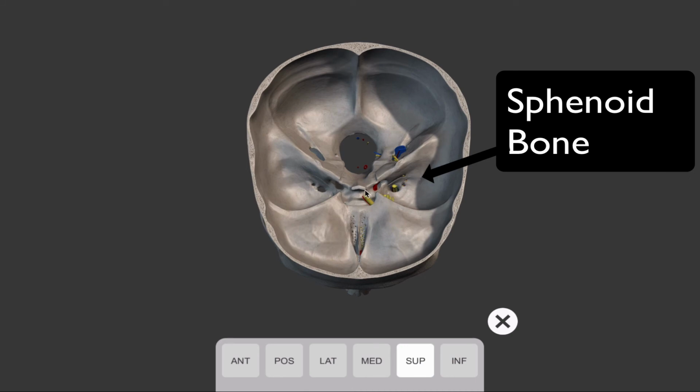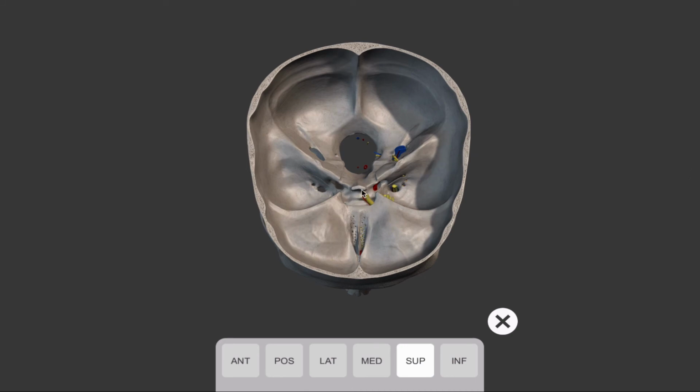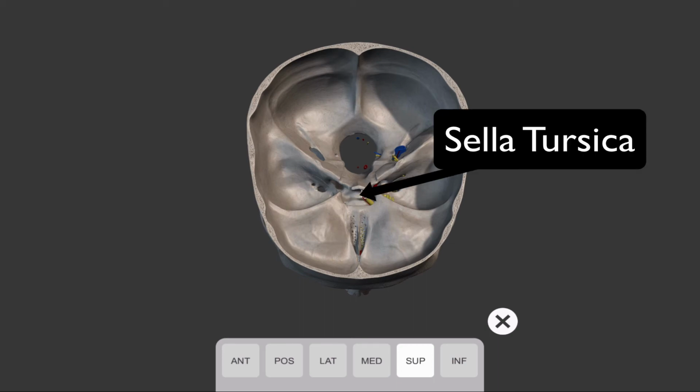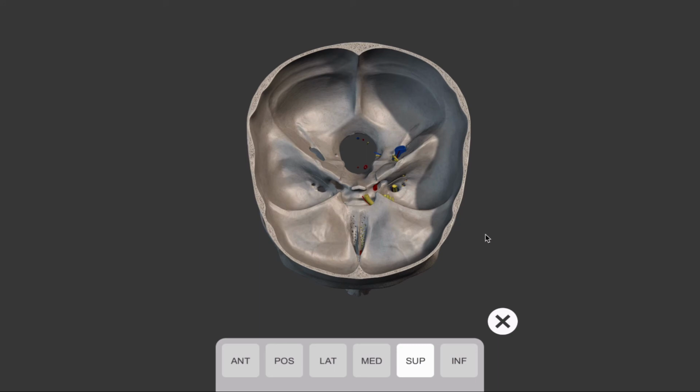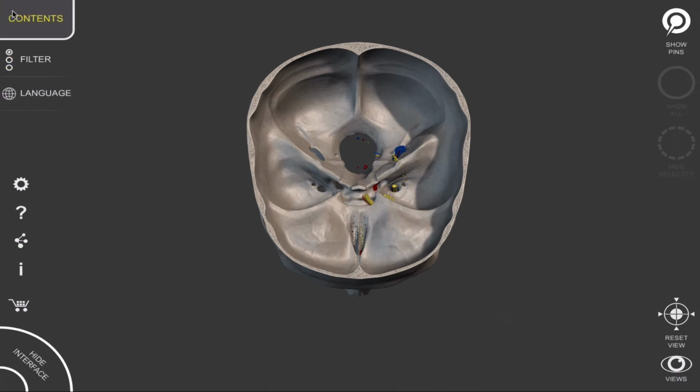And right in the center of the sphenoid bone is a little cup-shaped structure that helps to support and protect a very tiny gland that projects off the inferior part of the brain, and that is called the pituitary gland. It sits right in the sella turcica. Sella turcica means Turkish saddle. Okay, so from that view I think that's all.